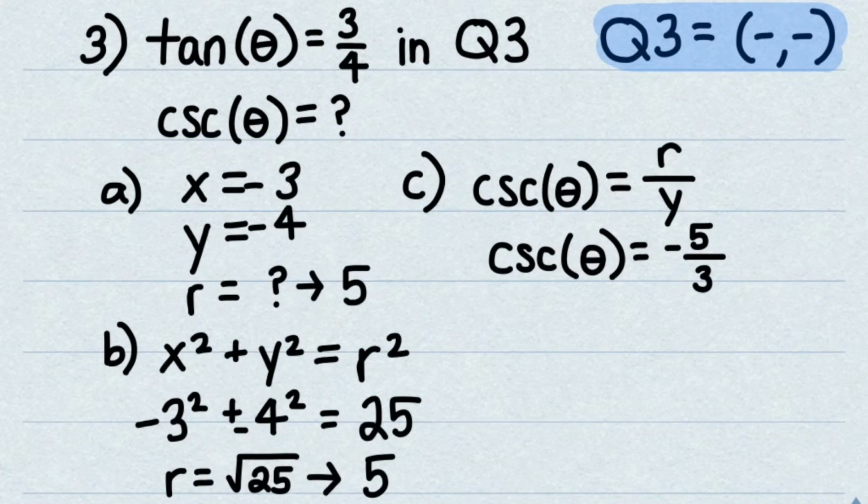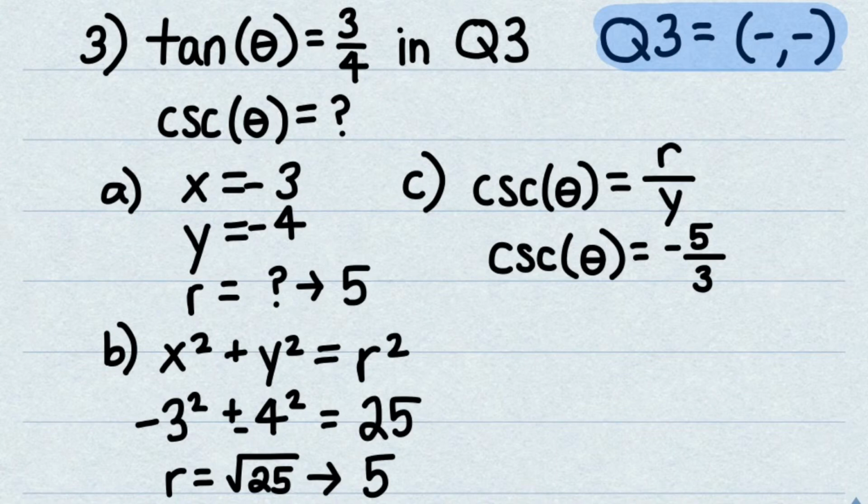Our third and final example, we have the tangent of an angle is equal to 3 over 4 in quadrant 3 this time. We know that in quadrant 3, both the x-axis and the y-axis are negative, and we're looking for the cosecant. So we have x is equal to negative 3, y is equal to negative 4.